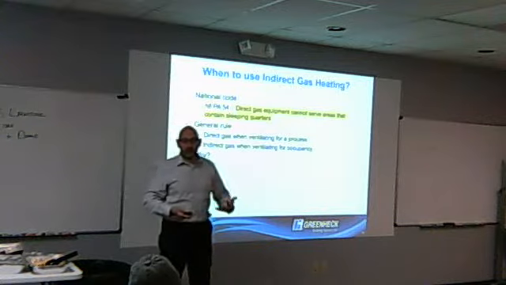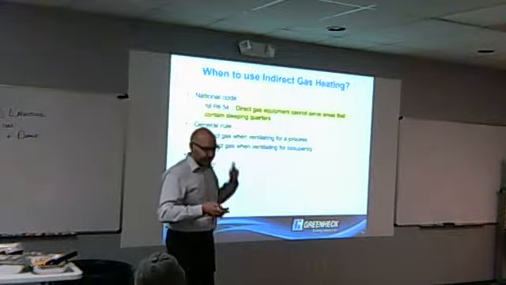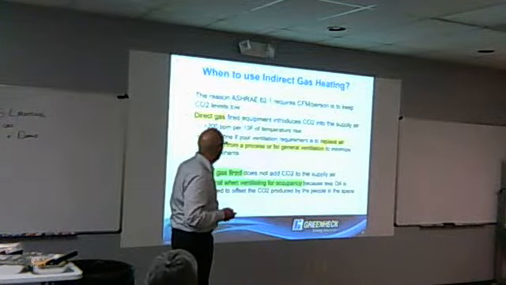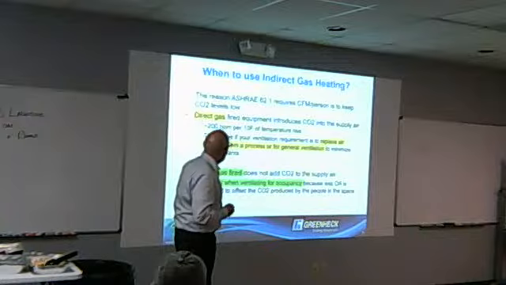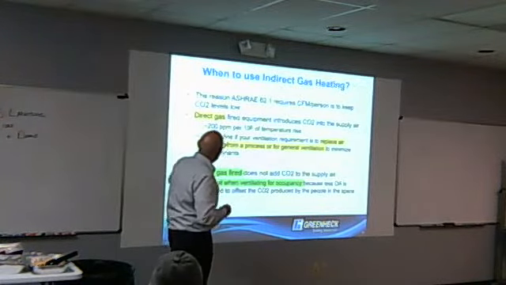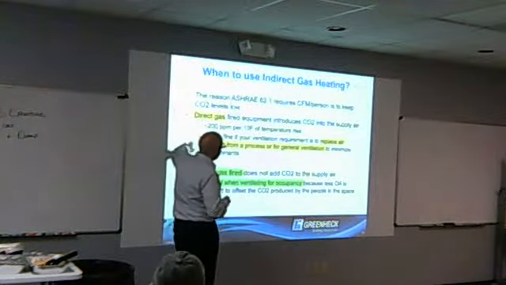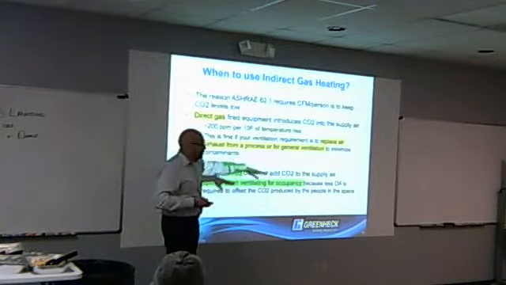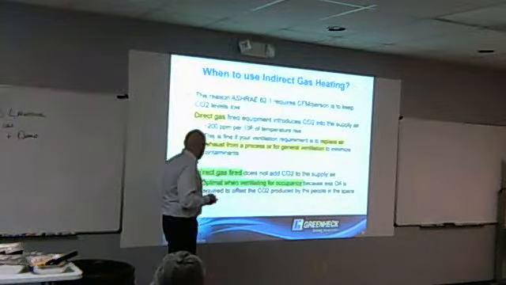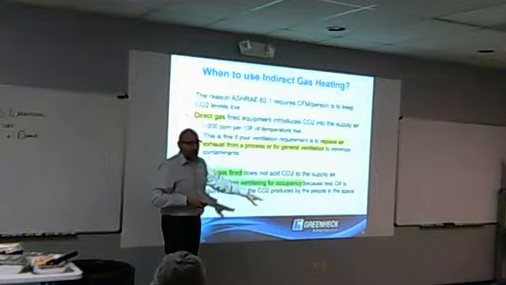Anytime you're trying to ventilate to avoid a buildup of CO2, this reiterates the fact that direct gas is to replace air exhausting from a process or for general ventilation, and indirect gas is for ventilating for occupancy.